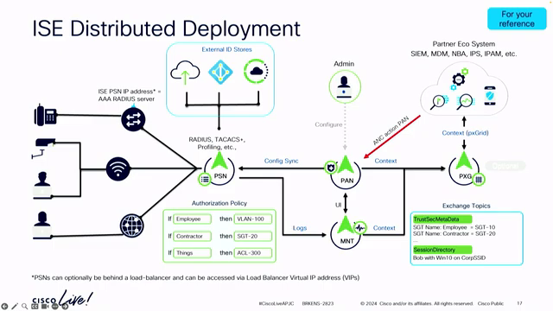For high availability and scale, you can have an active and standby for PAN, MNT, and PXGrid. For PSN, which is actually responsible for authentication and authorization, you can have multiple PSNs sitting close to the user network, or you can use a load balancer and use that VIP as a PSN. So that's just for the FYI.